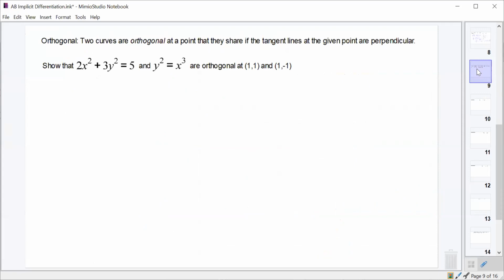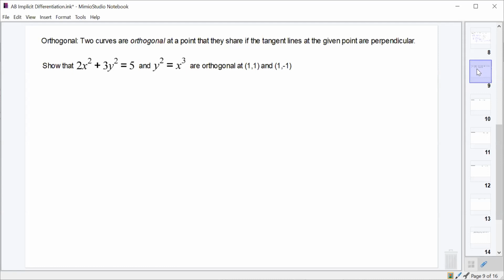Okay, so that's what it means for something to be orthogonal. They have to share the point, and then the tangent line of each function at that point has to be perpendicular to each other. So given two different equations here, 2x squared plus 3y squared equals 5, and y squared equals x cubed, we want to show that these curves are orthogonal at the points 1, 1, and 1, negative 1.